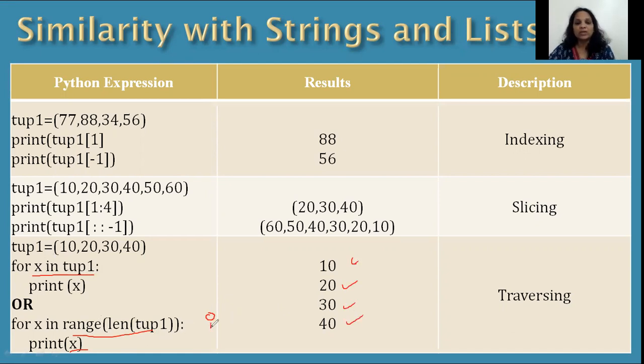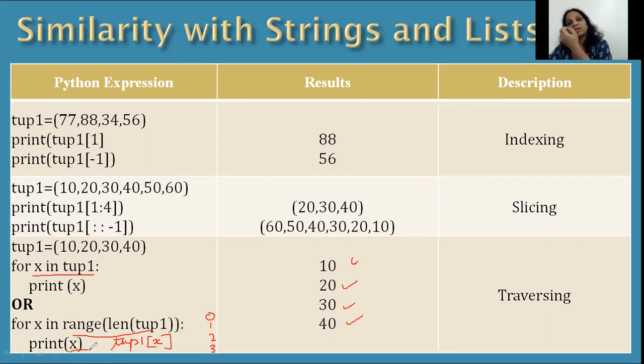So here x's value would be 0, 1, 2, 3. How many elements do you have? 1, 2, 3, 4. So 0, 1, 2, 3. If you really wanted to display the value, then we had to write print tup1 in square brackets x, and not just x, because when we use x with the range option, it is not going to display the value.